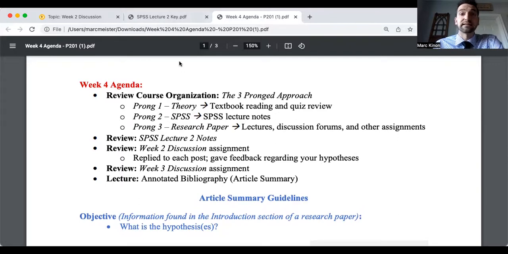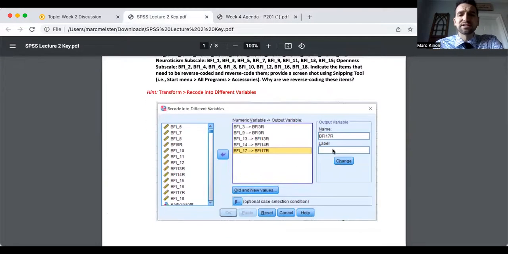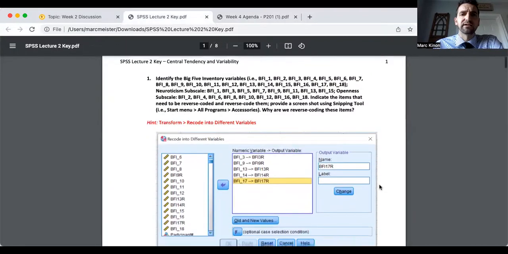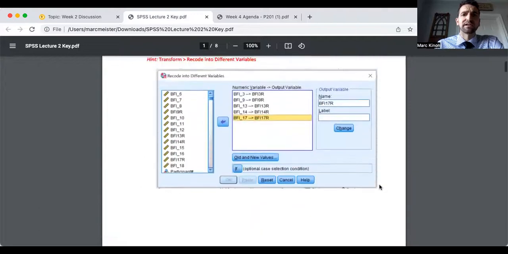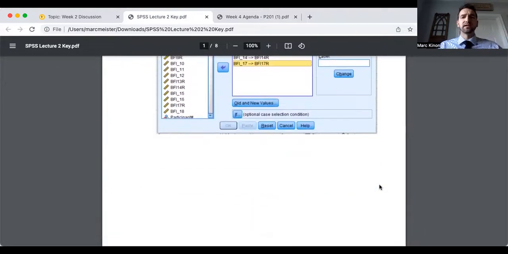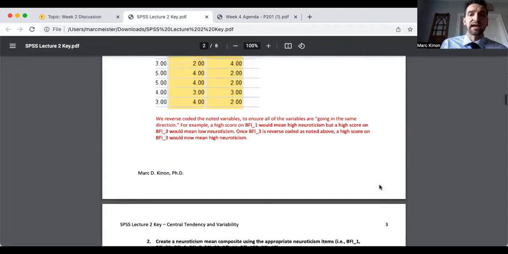Let's go ahead and look at the SPSS Lecture 2 key. So again, what are you supposed to do? You're not supposed to do any of this output, right? You're just paying attention to what's going on. You're doing the interpretations, okay? So anything in red.